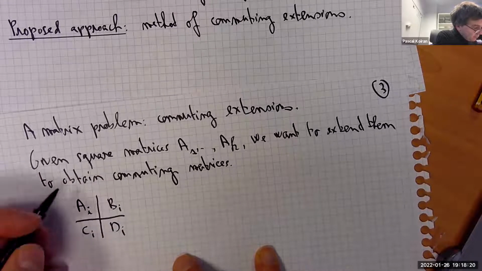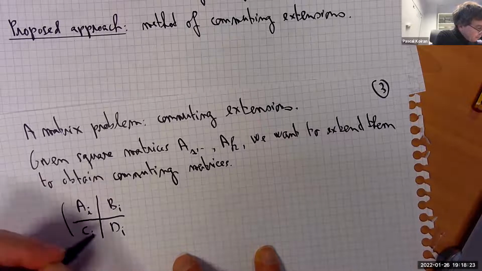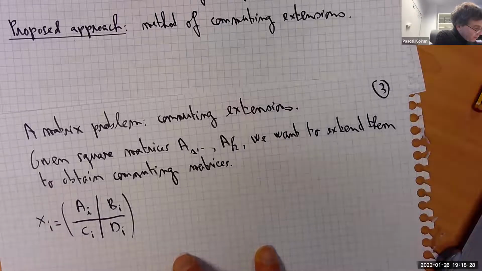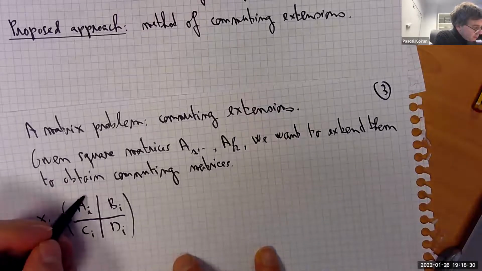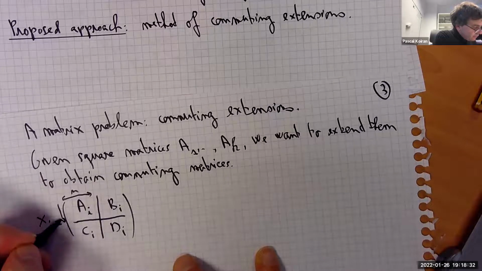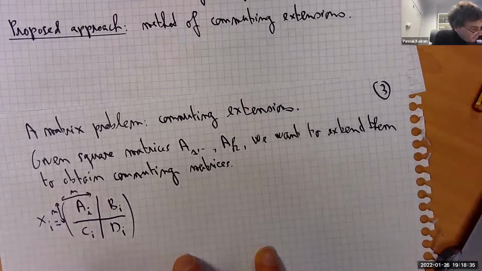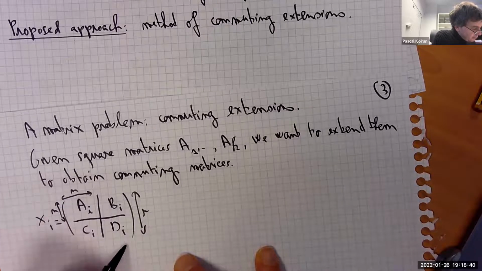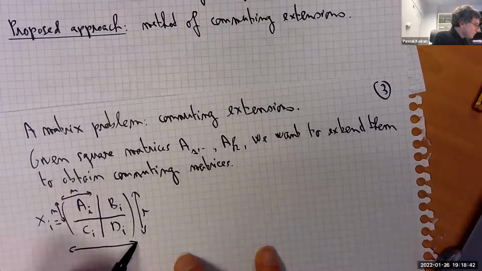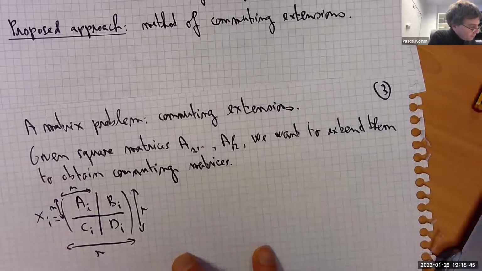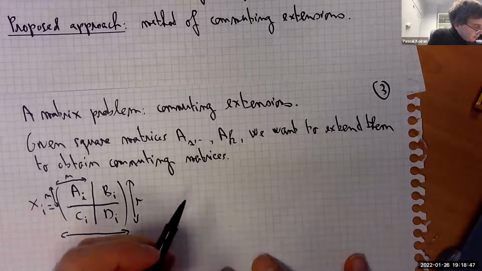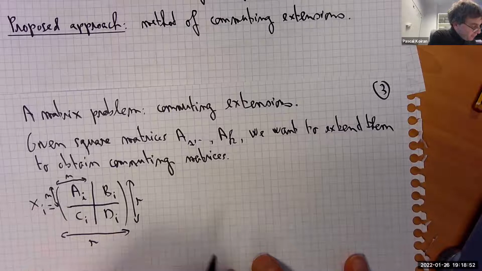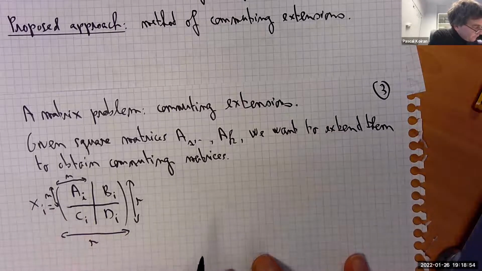Each A_i is of size n by n, and you want to construct a bigger matrix X_i of size R by R. We want the size of this extension to be as small as possible, and we want these matrices to commute.